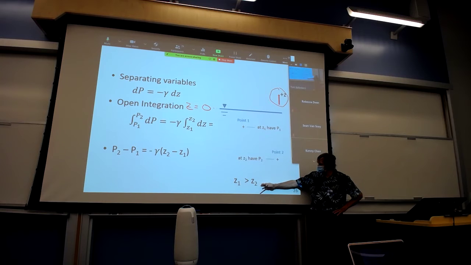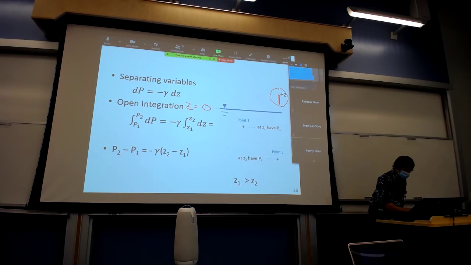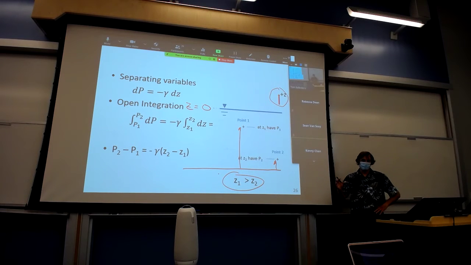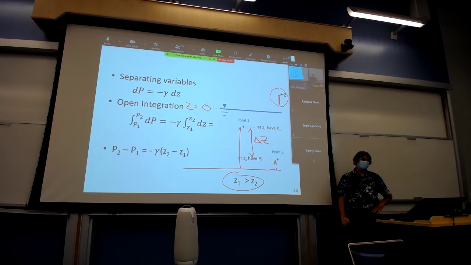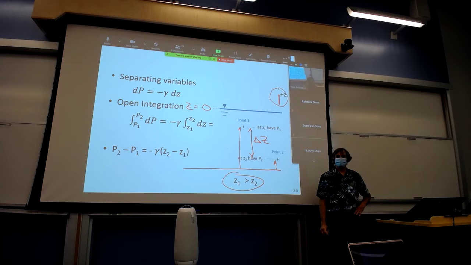If you said Z was equal to 0 somewhere down at the bottom here, now Z2 is a positive number and Z1 is a positive number. But that's still true. Irrespective of where that datum is, delta Z is the same, right?